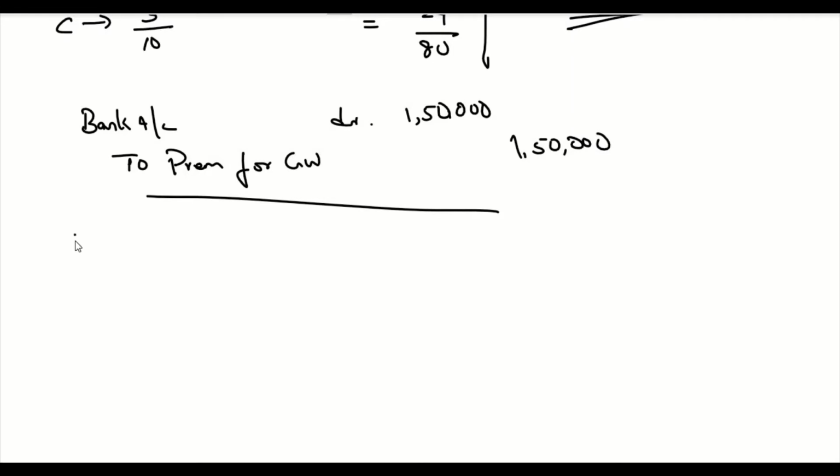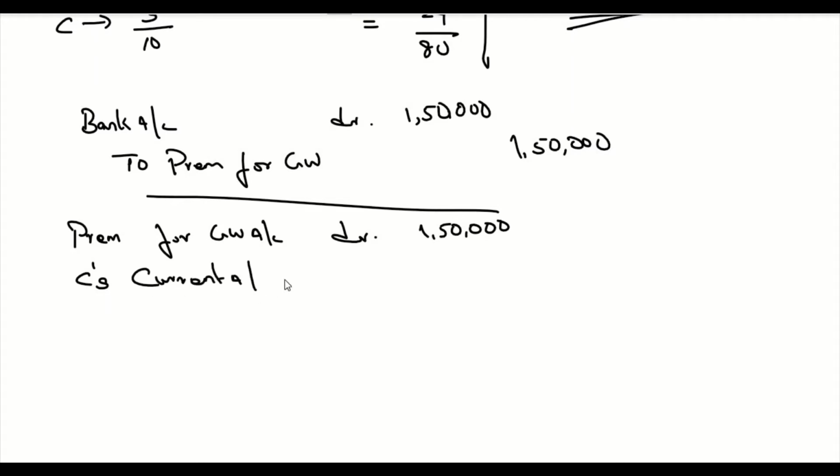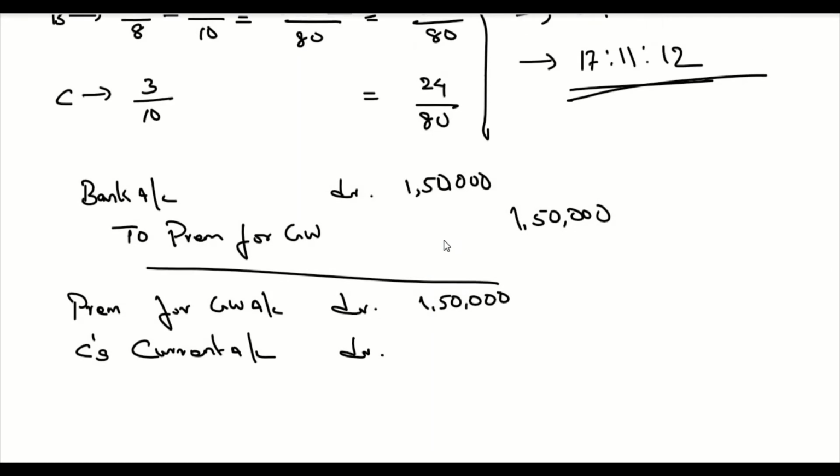This needs to be distributed to old partners in their sacrificing ratio. So premium for goodwill account debit 1,50,000, and for the remaining portion of goodwill, C's current account will be debited. What's that amount?